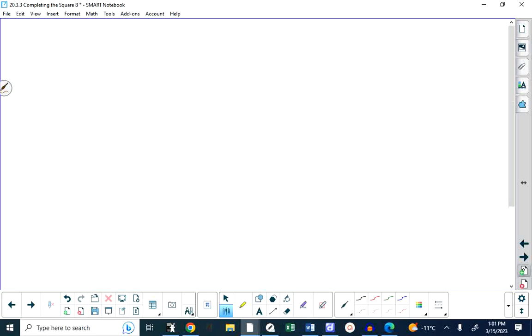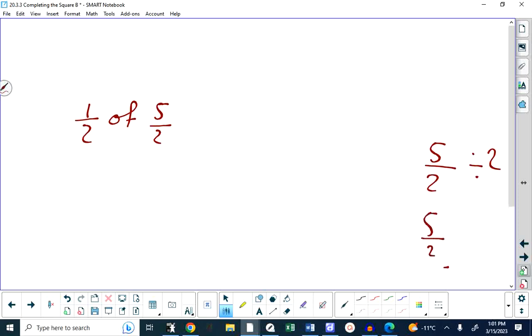So I need to take half of 5 over 2. And you'll notice that what I'm saying is half of 5 over 2. I'm not saying 5 over 2 divided by 2. They mean the same thing. But as soon as my brain says 5 over 2 divided by 2, that's weird. It's weird to think about. Or worse yet, 5 over 2 over 2.